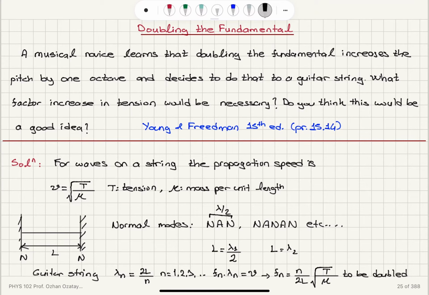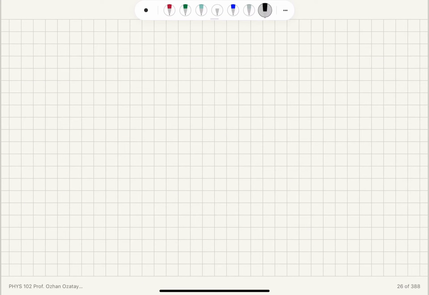Since the frequency varies with tension as the square root of the tension T, with all the other factors fixed, to double the fundamental frequency we would need tension T becoming 4T.